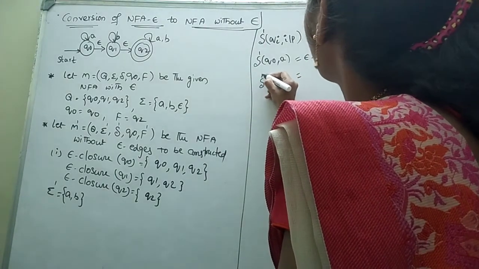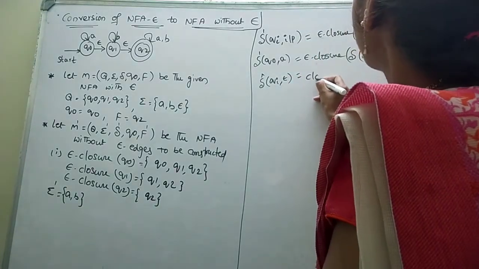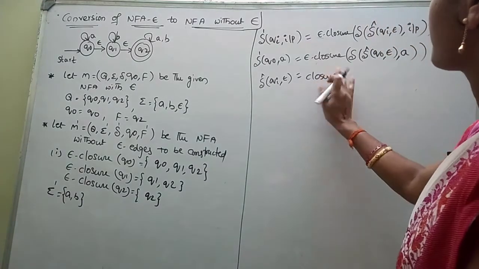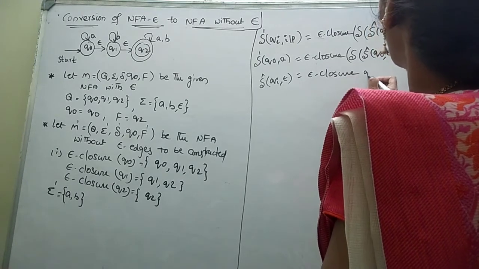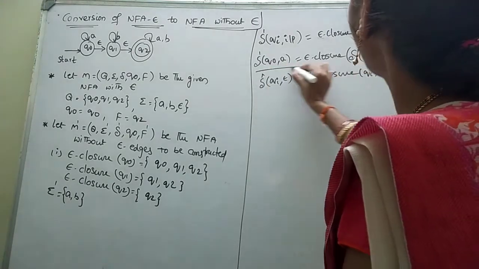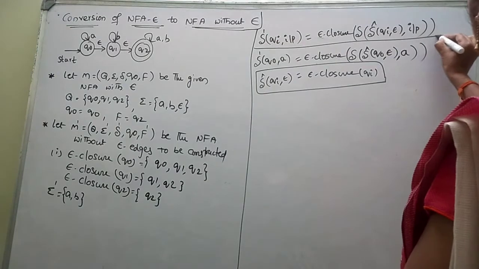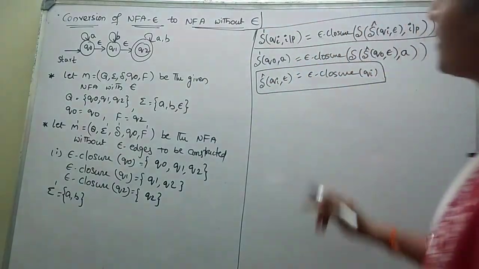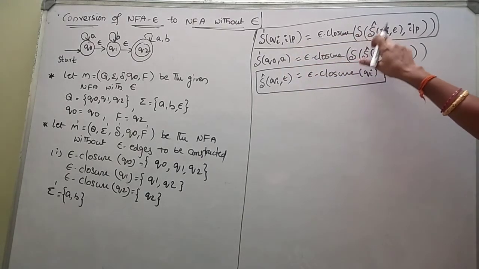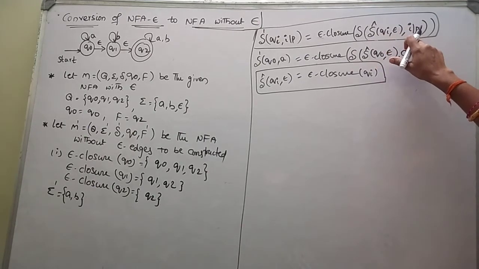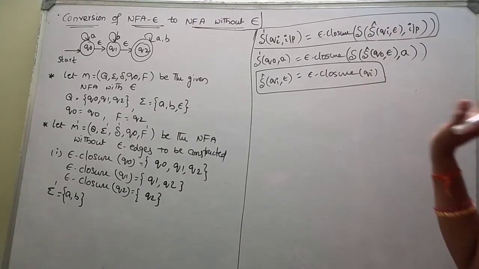Delta cap of Qi comma epsilon is written as epsilon closure of Qi. We need to remember these two things. So delta dash of Qi comma input symbol equals epsilon closure of delta cap of Qi comma epsilon comma input symbol, where delta cap of Qi comma epsilon is written as epsilon closure of Qi.